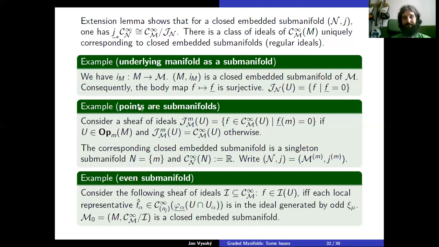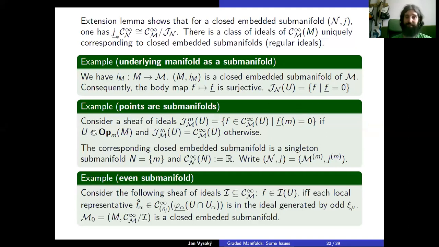saying that points are submanifolds. What does it mean? I take a sheaf of ideals defined like this. I fix a point M, and for every open subset which contains M, I declare this to be functions such that their body vanishes at M. And this defines an ideal.